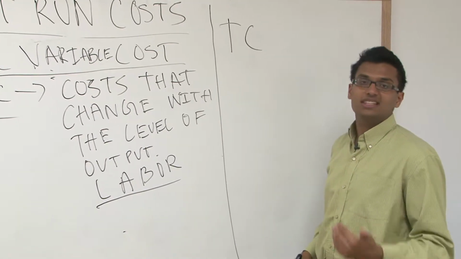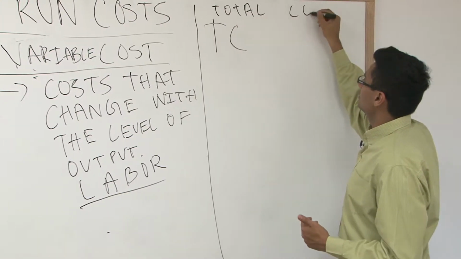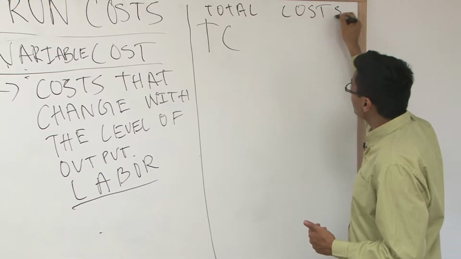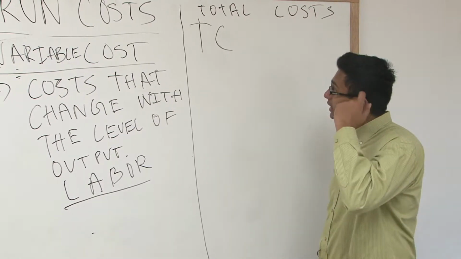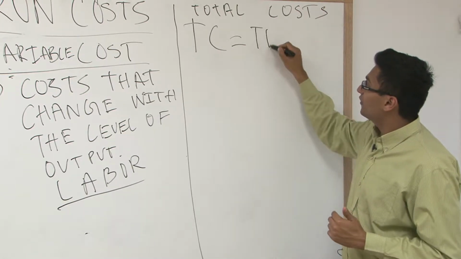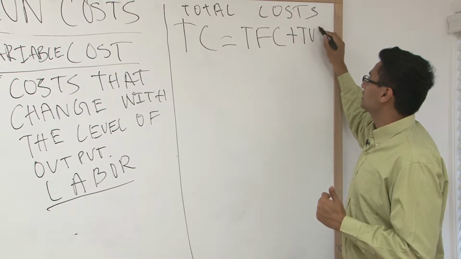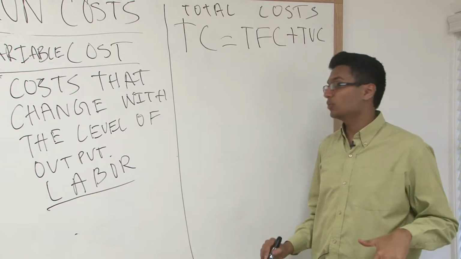Total cost, TC, which stands for total cost, or costs, is equal to your total fixed costs, TFC, plus your total variable costs, TVC. That's the basic equation that we use.